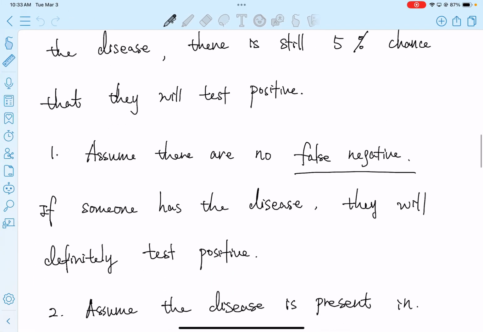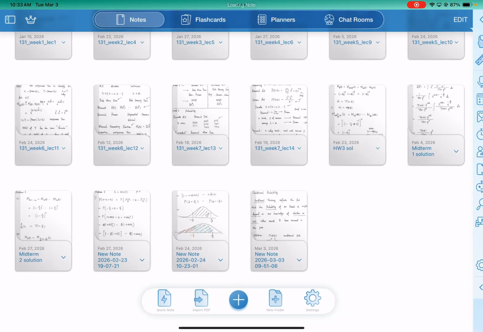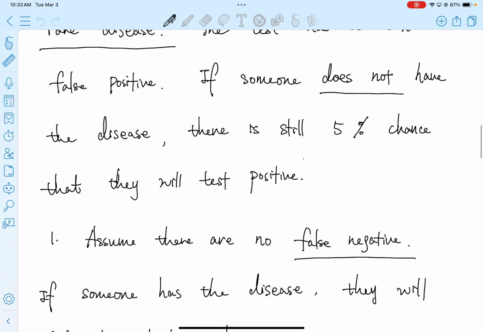So I'm going to call the case for positive a plus with a circle. Okay, so that is the result from the test.